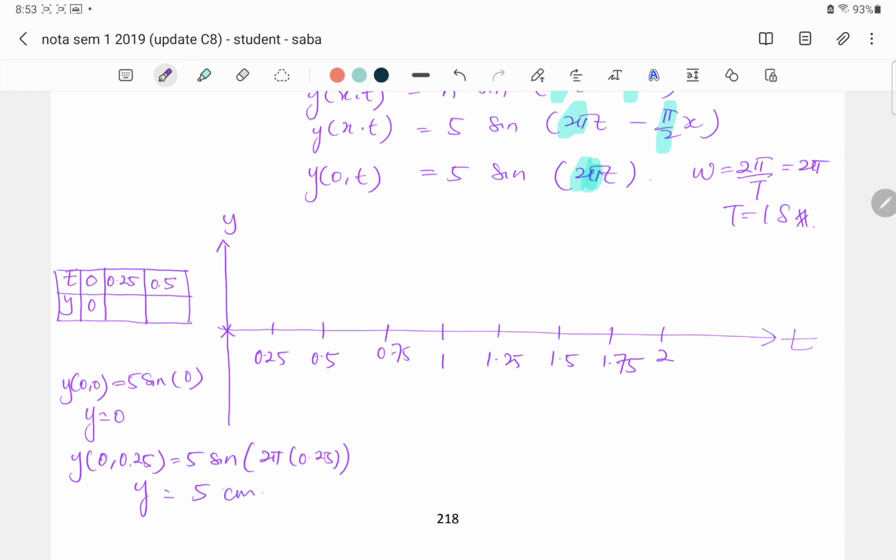Okay, so kat sini kita boleh plot. Kita dah tahu dah dia punya pattern. So yeah, you can plot the graph. Okay, this is the pattern of the graph. This one is negative 5 and this one is 5. Okay, so this is the pattern of the graph of y versus t.